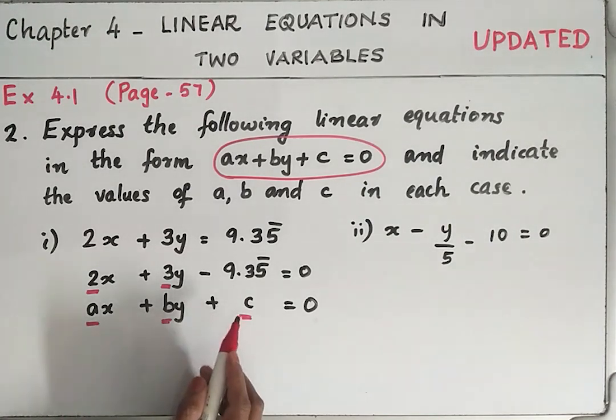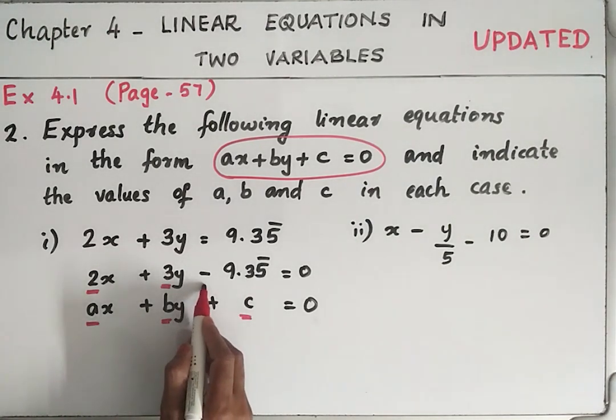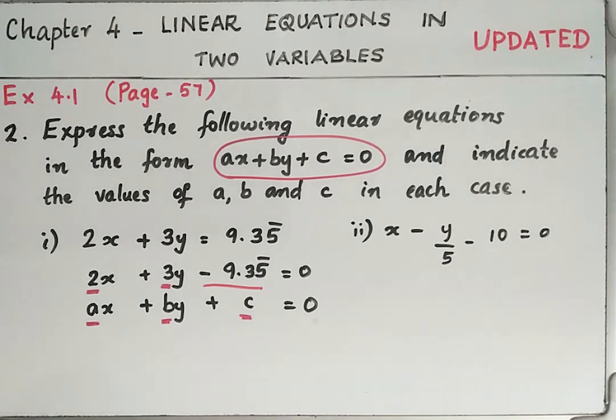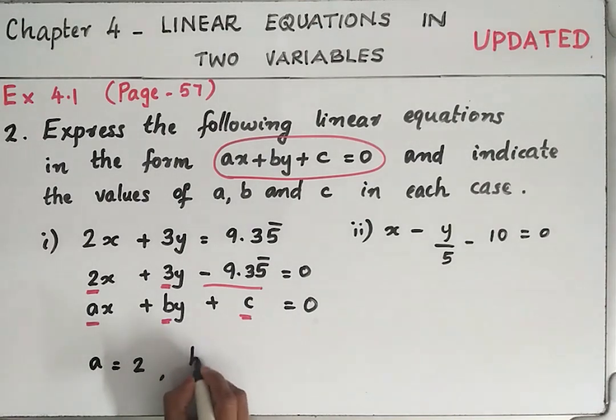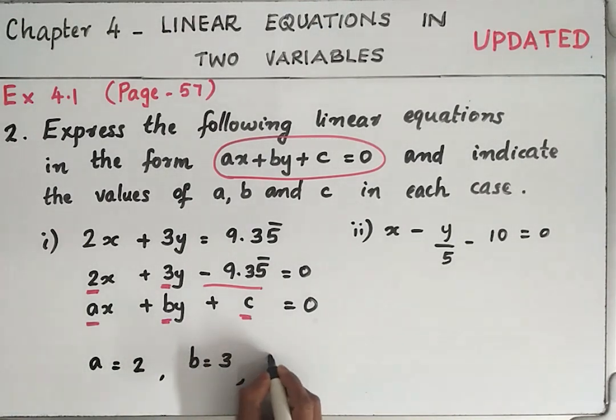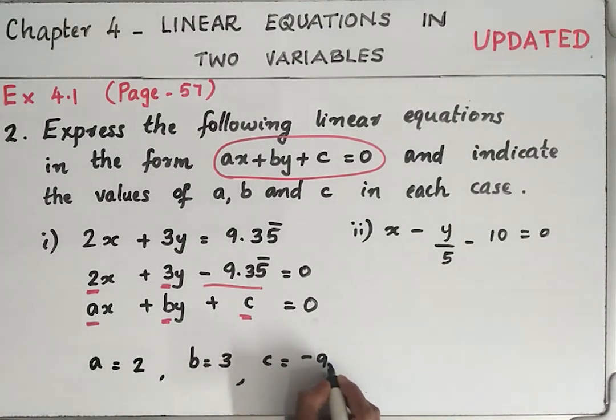But in the case of c, we must write c as negative 9.35. So what's the value of a? 2, b equal to 3 and c equal to minus 9.35.